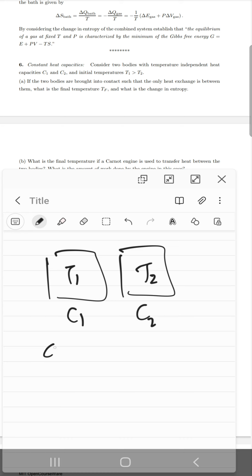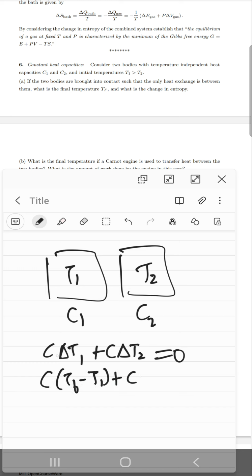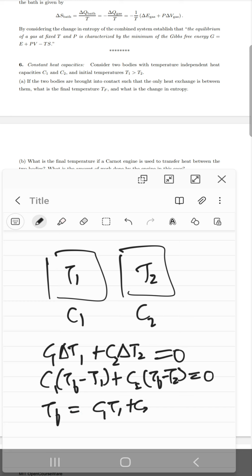So this just means C1 delta T1 plus C2 delta T2 should be equal to 0, because total energy is conserved. So this means C1 times (Tf minus T1) plus C2 times (Tf minus T2) is equal to 0, and that implies Tf is (C1 T1 plus C2 T2) upon (C1 plus C2).